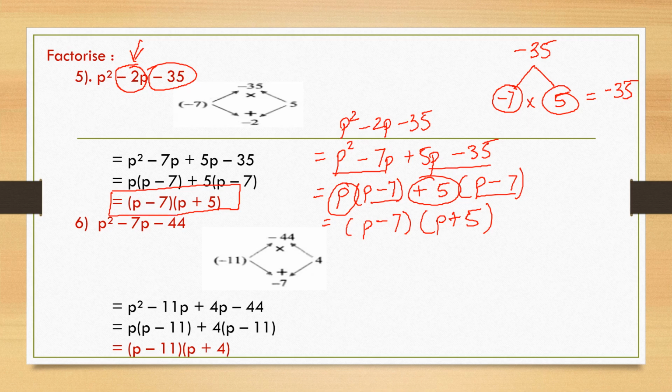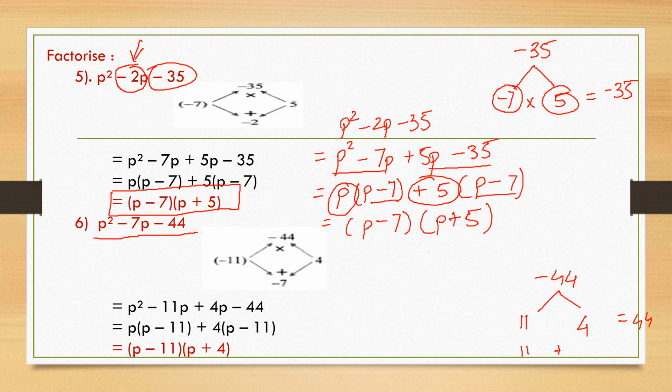Similarly, the sixth sum is p square minus 7p minus 44. Minus 44 is the last constant term, and I have to split it into two such numbers that after multiplying those two numbers I should get minus 44, and after adding I should get minus 7. If I take 11 into 4, that will give me 44, but I need minus 44.